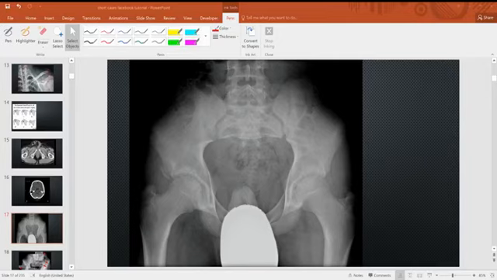It is a spot diagnosis. Someone wrote avulsion from the anterior inferior iliac spine, rectus muscle, avulsion fracture.